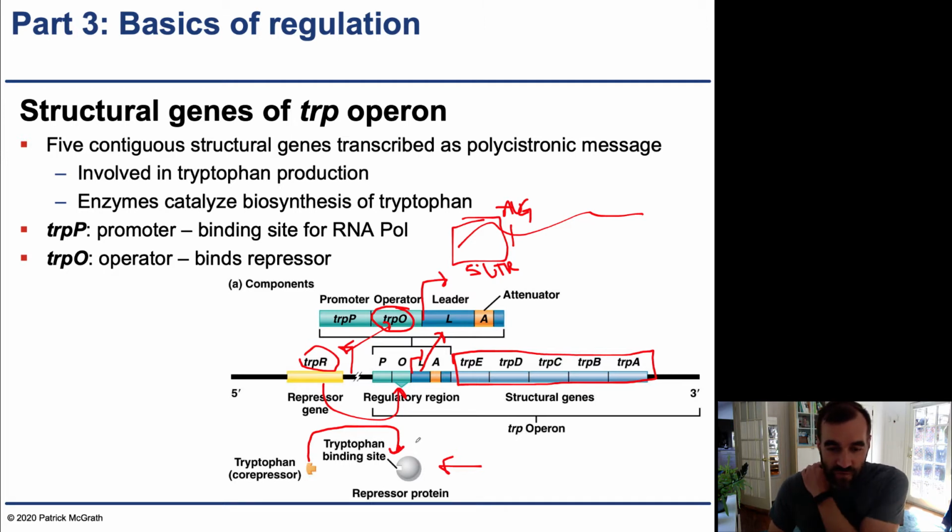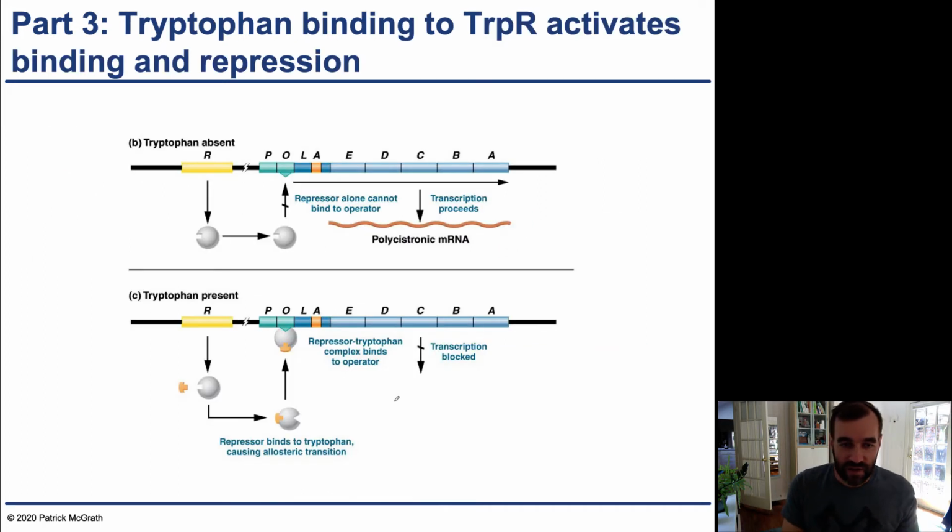So if tryptophan is around, if you've produced a bunch of tryptophan, or if you're importing it from the environment, then this repressor protein is bound to the cofactor, and this cofactor-bound form is able to bind to the operator to prevent expression. So this is almost exactly the same as the lac repressor, again with the distinction that the DNA-bound form is bound to the cofactor.